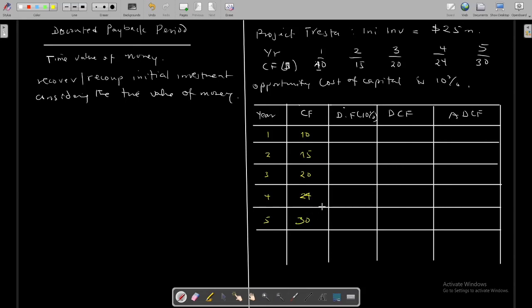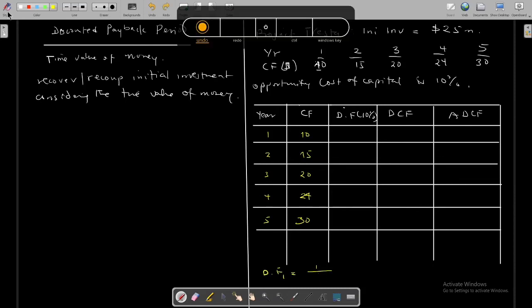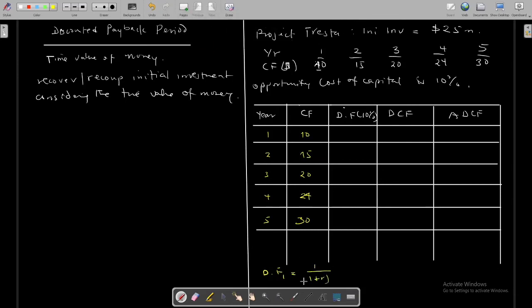Now the discounted cash flows at 10% can be calculated. For year 1, the discount factor is going to be 1 over 1 plus r exponent n, which implies 1 over (1 plus 0.10) all exponent 1.